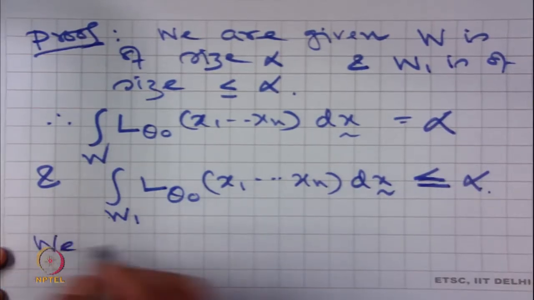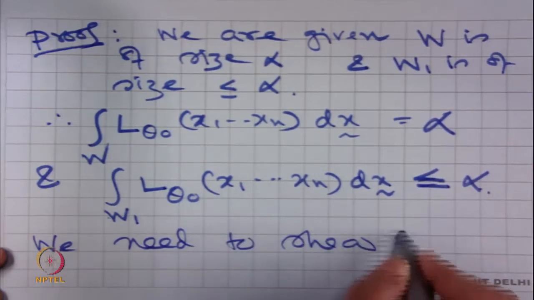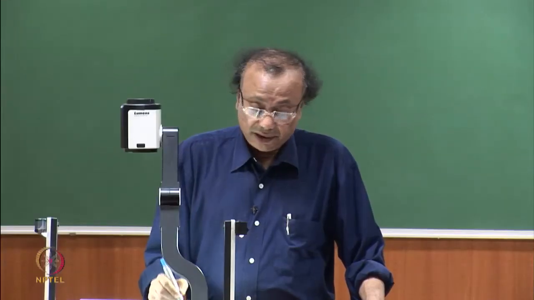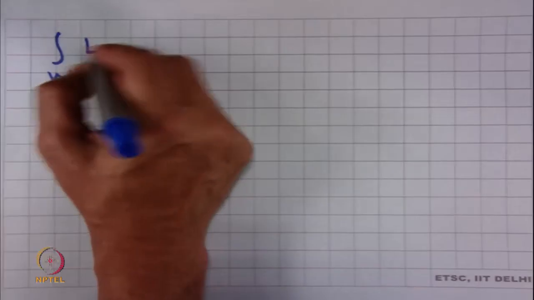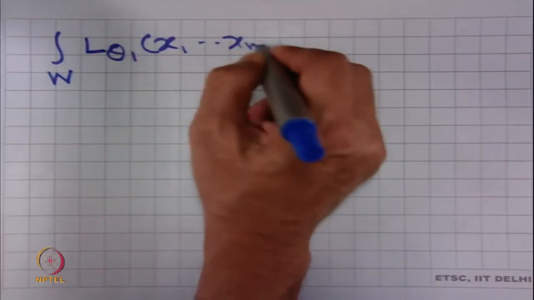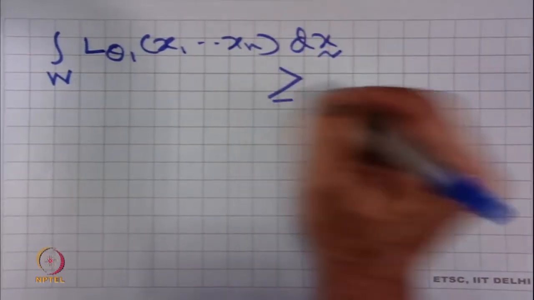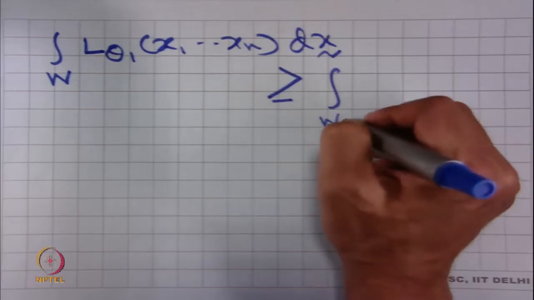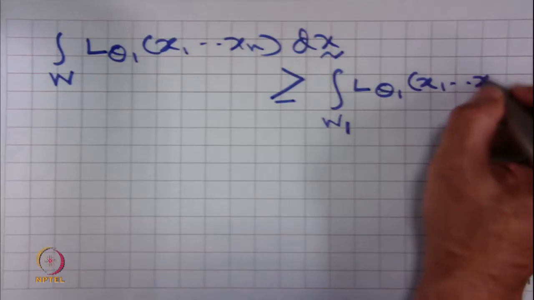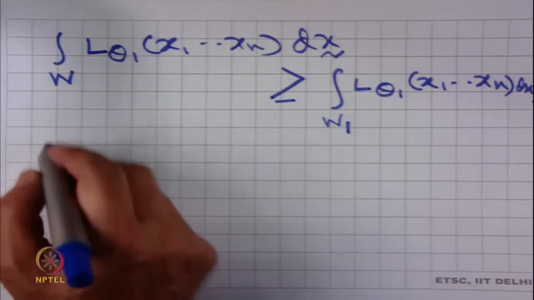We need to show that integration over W of L theta 1 of x 1, x 2, ..., x n dx is greater than or equal to integration over W 1 of L theta 1 of x 1, x 2, ..., x n dx.